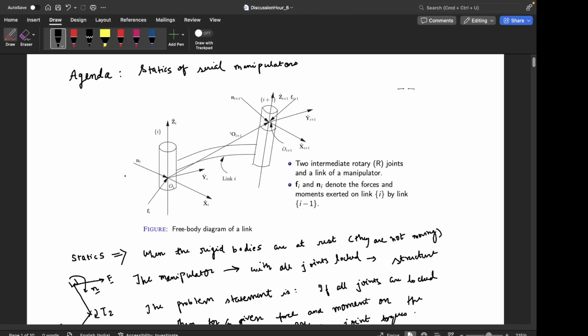Now the key thing to note here is that these are the two quantities Fi and Ni. So what is Fi?